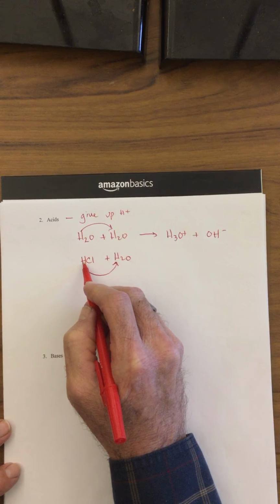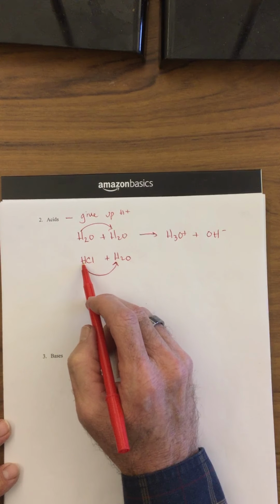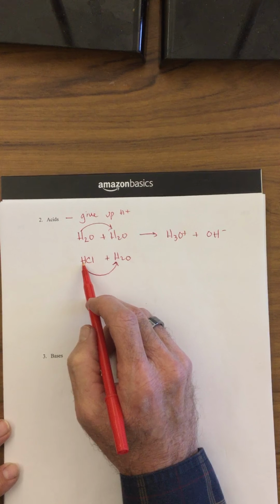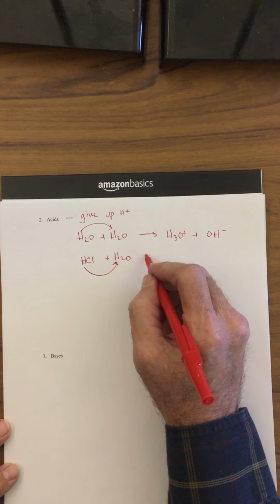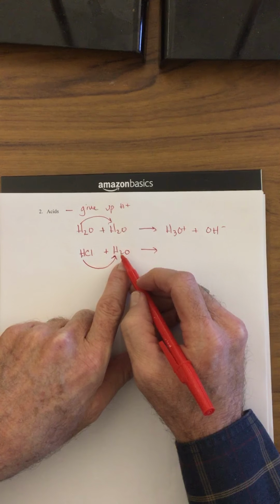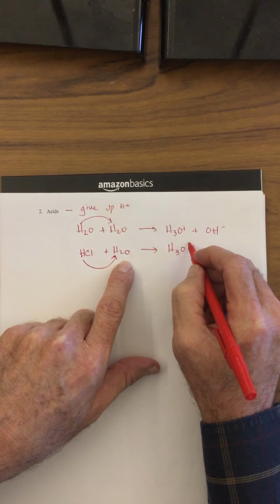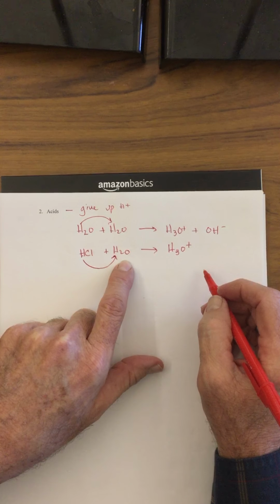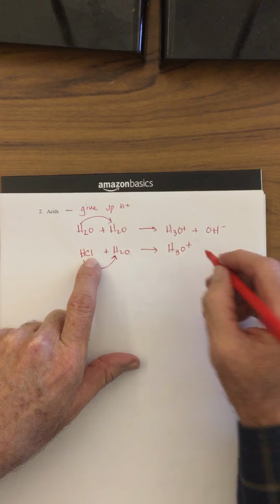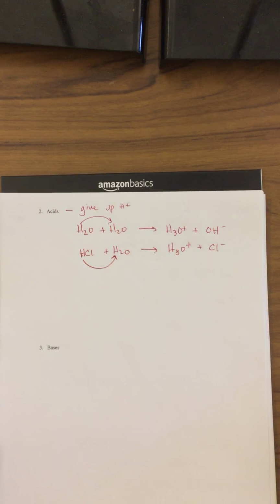So here's the H right here. Remember, water is both an acid and a base, but this is hydrochloric acid. It only has an H to give up, and it's going to give its H to the H2O. What's it going to create? When this H combines with the H2O, we create another H3O plus. We're left with the Cl, and the Cl is going to be a minus.